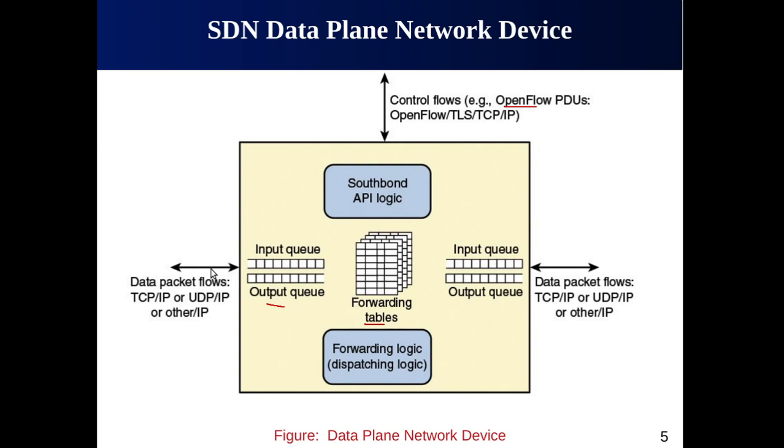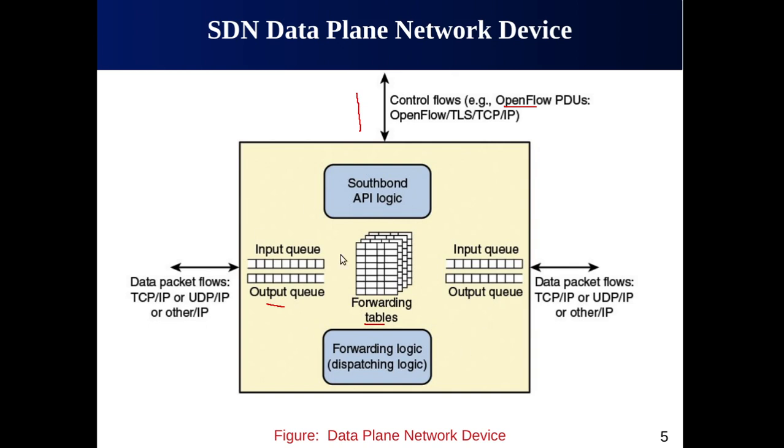However, the names of the ports is not mentioned. We will see it in the coming slides. What are the different types of input output ports available? Normally here we have three types of I/O ports. One providing control communication with the SDN controller, and the other two ports are for the input and output of data packet.